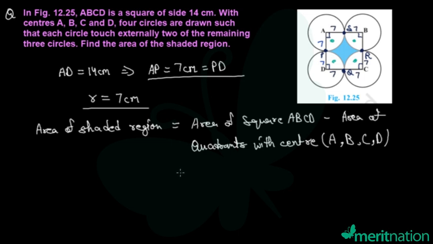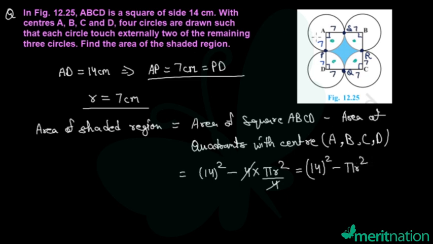So the area of the square ABCD is 14 squared, the edge length being 14 centimeters, minus the area of these 4 quadrants. We have 4 quadrants, so 4 into the area of one quadrant, that's pi r square by 4. This 4 and 4 cancel out, so it would be 14 squared, which is the area of the square, minus pi r square.